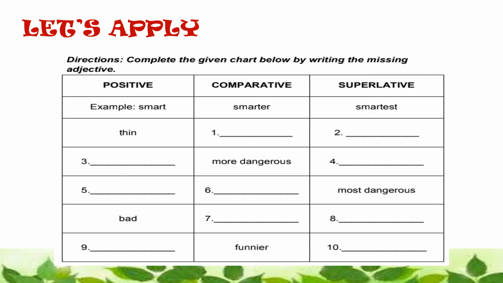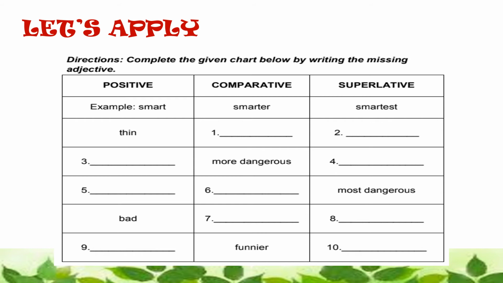Number three. The given adjective is in a comparative form, more dangerous. The missing adjectives are the positive degree and the superlative degree. So the answer for the positive degree is dangerous, so we remove the word more.